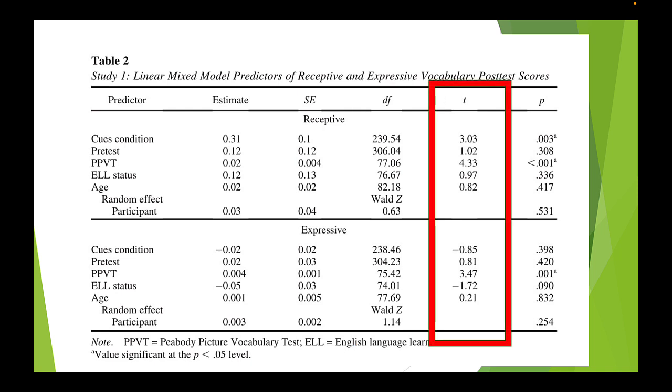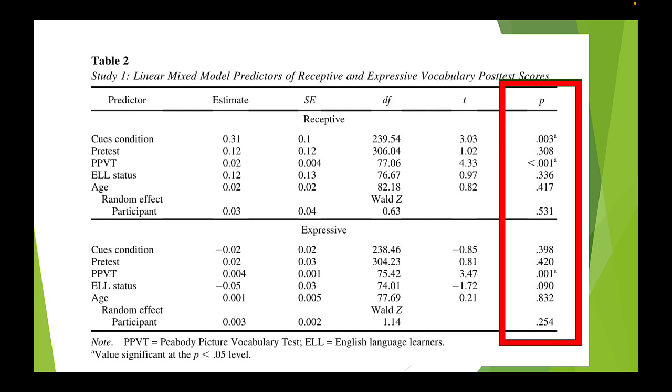T in this case is the test statistic for the hypothesis that is being tested. If it differs from 0, a larger T indicates a greater impact or a greater effect. It's kind of like the power statement. And finally, the p-value is the probability value, and this is something that you will be learning more about.